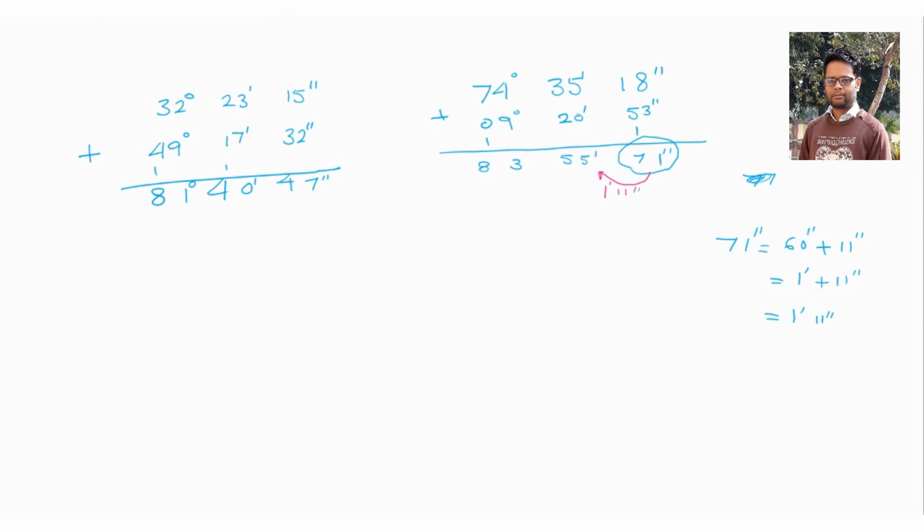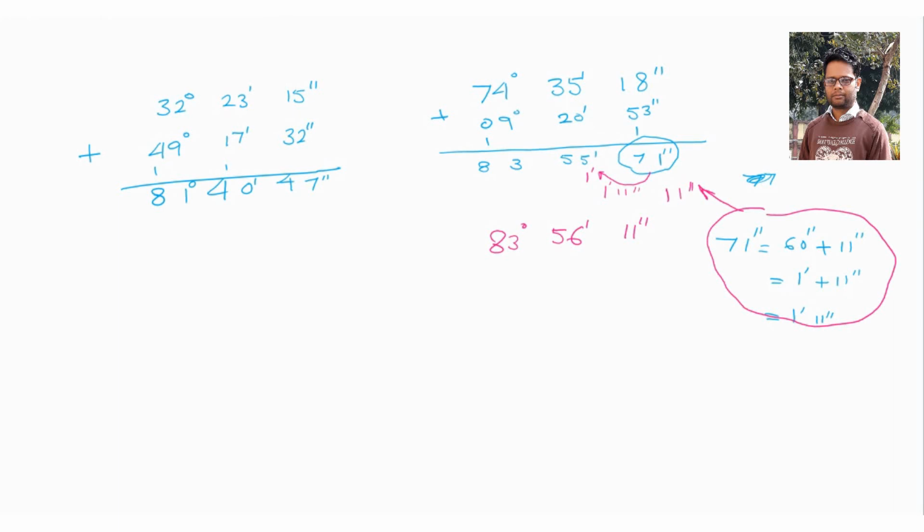So what will happen after addition? 1 minute here, and 11 seconds will remain. So the answer would be 83 degrees, 55 plus 1, 56 minutes and 11 seconds. So from this concept we can solve these problems.